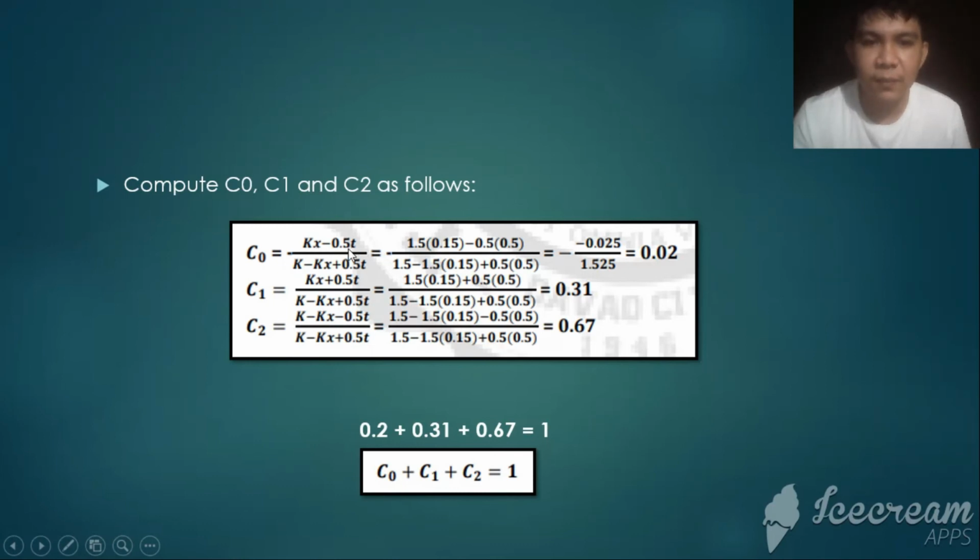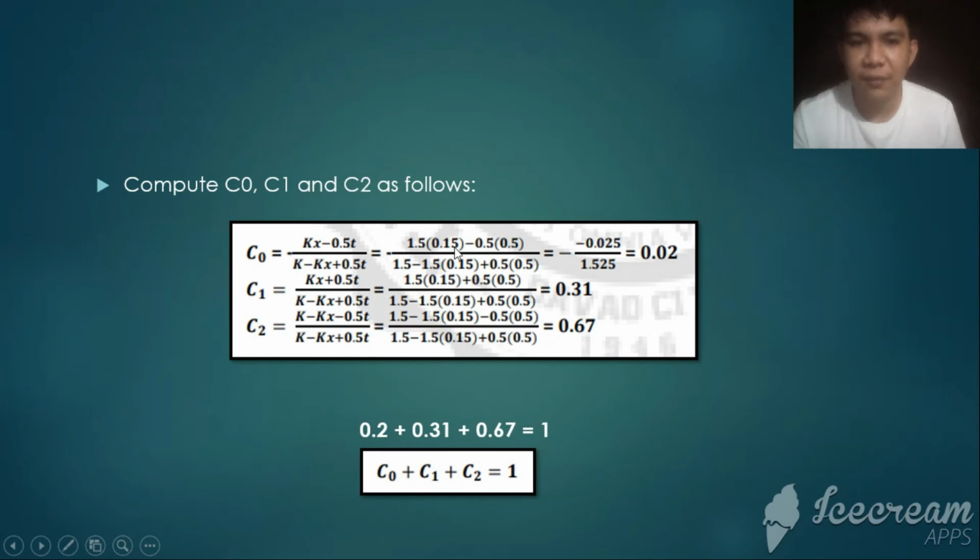Then 0.5 times t. So, i-substitute lang nato na tanan. Then, if i-plus nato ning tulo na gikuha nato, C1, C2, C3 or C0, C1, C2, ang answer dapat is 1. So, 1 dapat siya. So, kung tingala mo, asa gikan ang 0.15 diri ug ang 0.5.